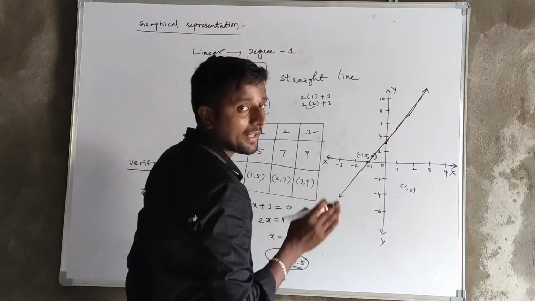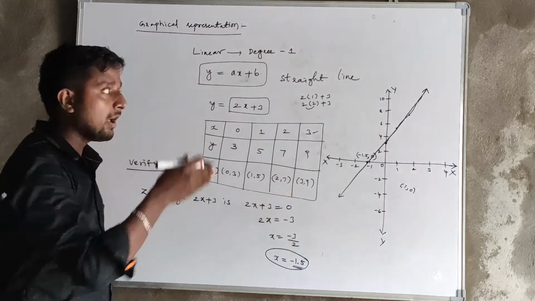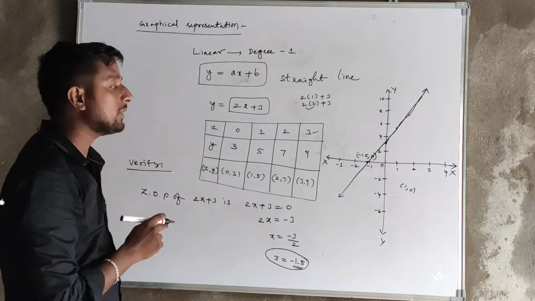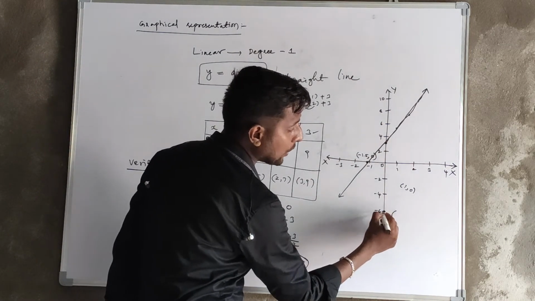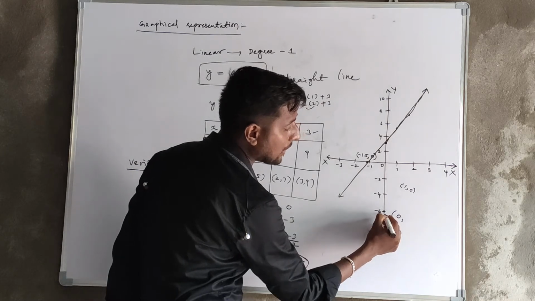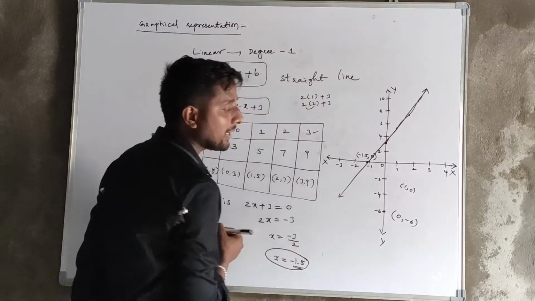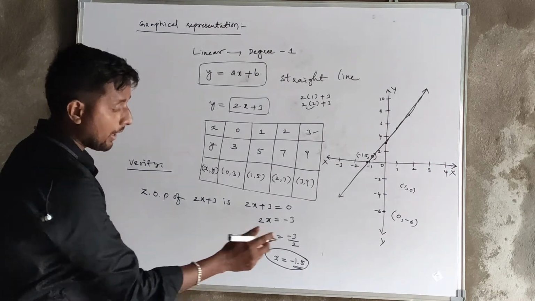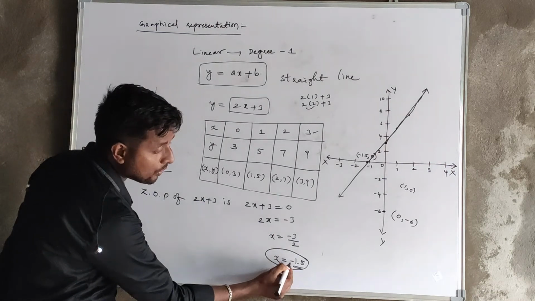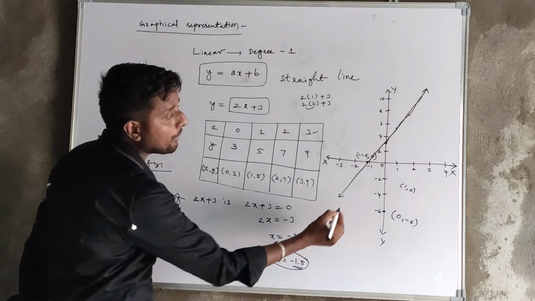Correct? No? On the x-axis the y coordinate is 0, on the y-axis the x coordinate is 0. For example, for the point here, the x value is completely 0, y value minus 6. The location is 0 comma minus 6. Got it all? Now look at, the x coordinate is minus 1.5.